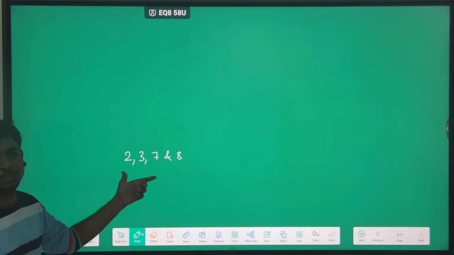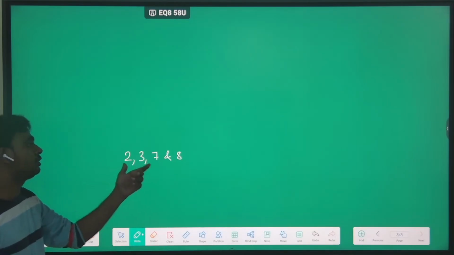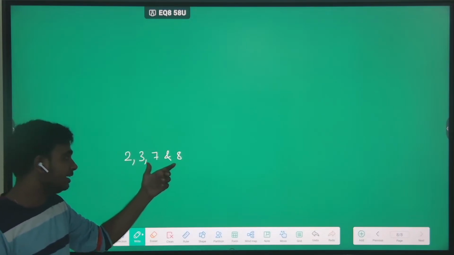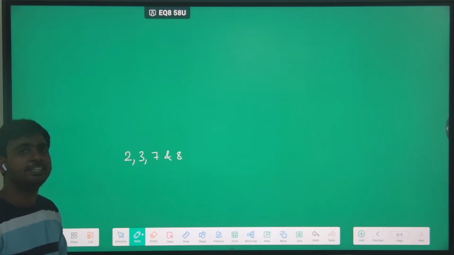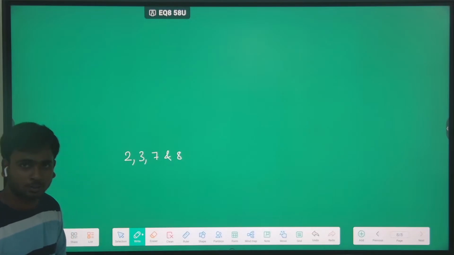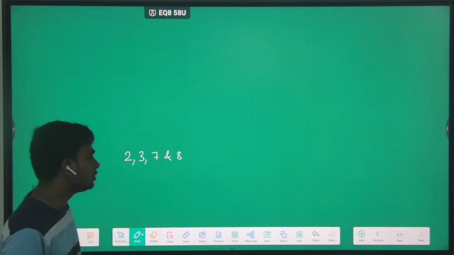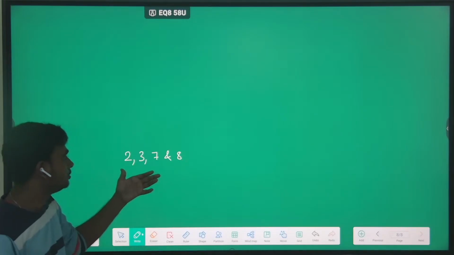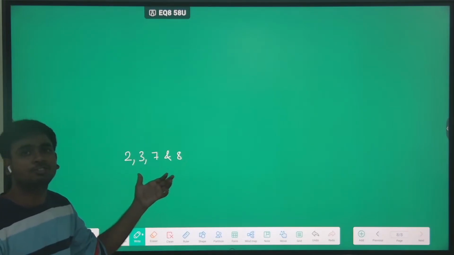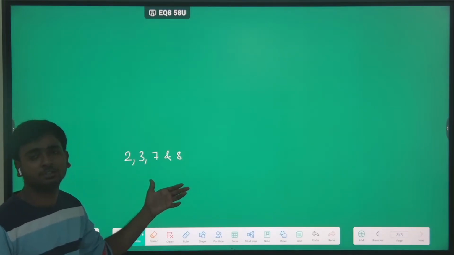Okay, this is a basic property. If a number ends with 2, 3, 7, or 8 in its unit digit, we say that number is not a perfect square. Okay, so this was regarding your first lecture about squares and square roots.